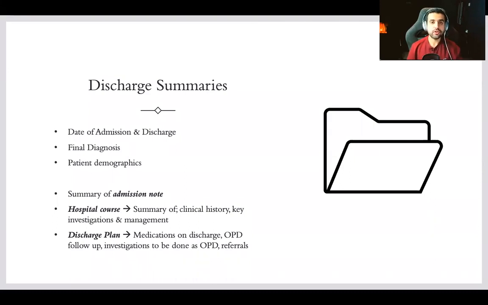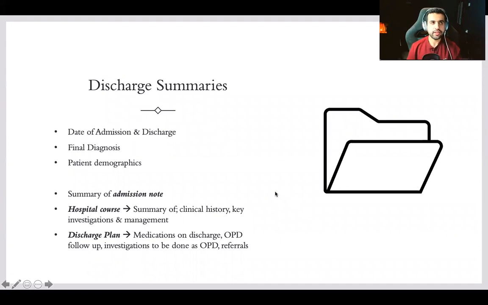Then next, you're going to talk about the hospital course. This is just a summary of the active issues. My way of doing the hospital course is I go by active issues. So I would say the first active issue was ischemic stroke. We did this and this investigation, and it showed this and that. And then we treated this patient with this medication, and later on we changed it, for example.